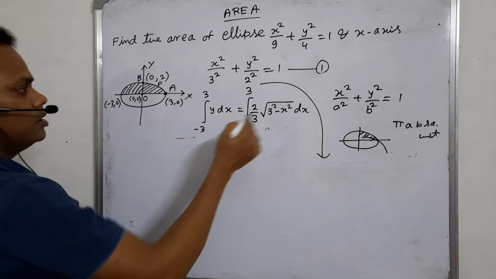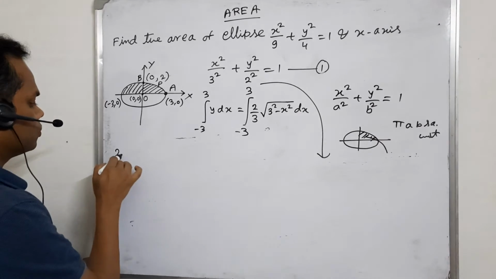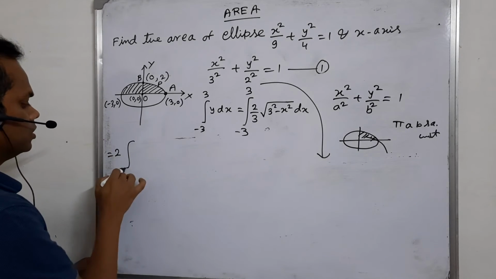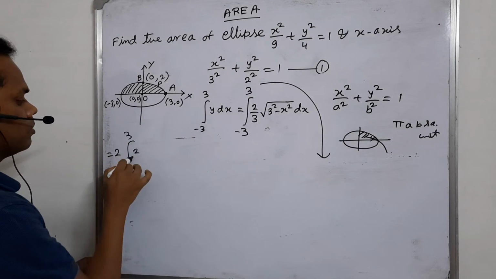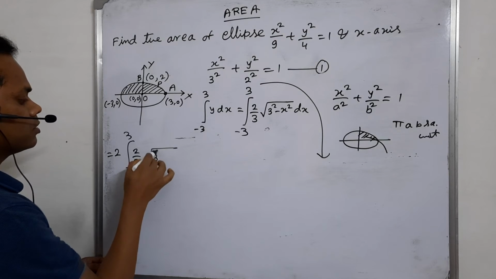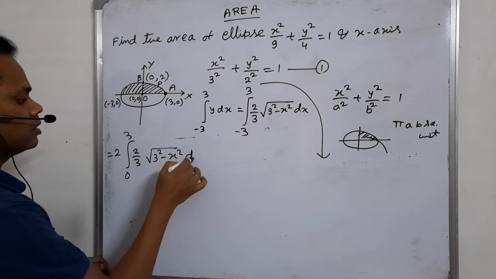This is an even function. So this becomes 2 into the integral from 0 to 3 of 2 by 3 root over 3 square minus x square dx.